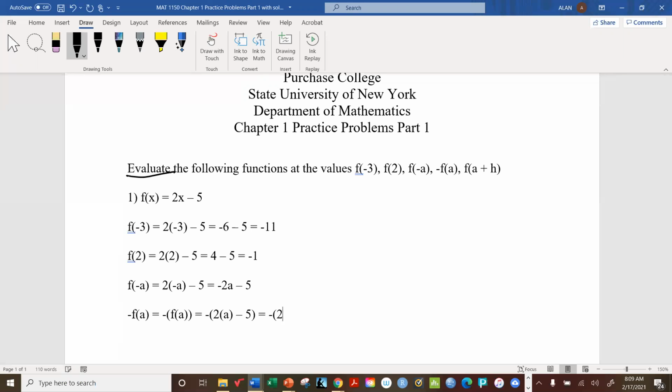Okay, so you've got negative 2a minus 5. So when you're finally done, you have minus 2a plus 5. So that's why we have to be very careful with this thing, because the negative comes last. So what you should ideally do is evaluate f of a and only then apply the negative.